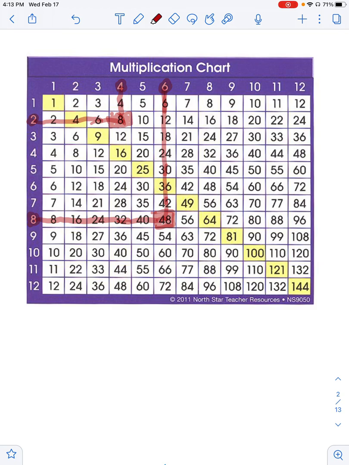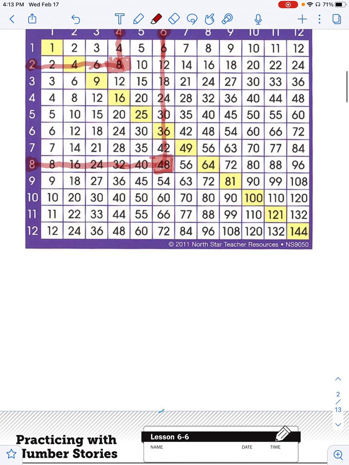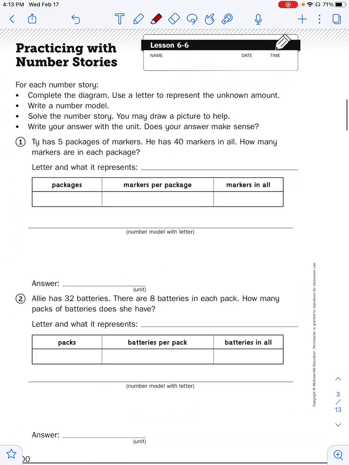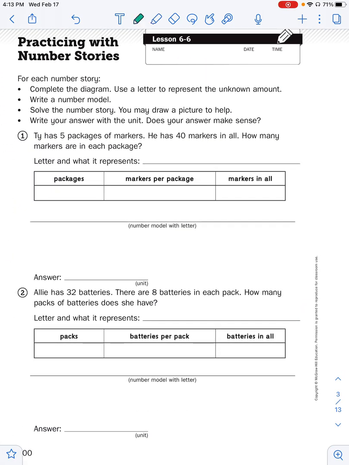I'm going to use it when I do the problems that you did the other day. The reason I'm doing these again is because we just need more practice. I think we weren't quite sure of what the word unknown meant.